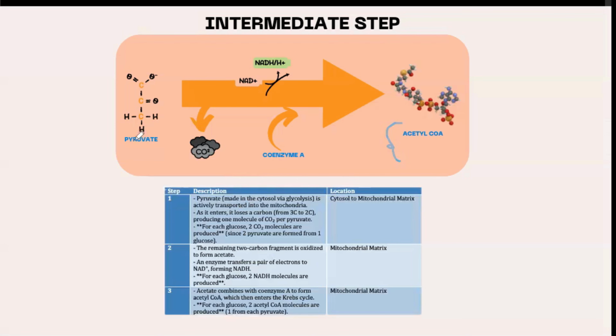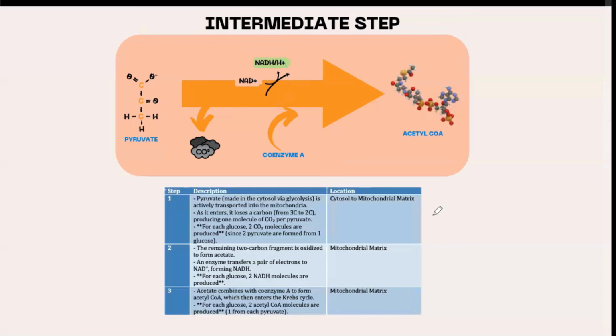So the goal is to go from pyruvate to acetyl CoA. However, we need a coenzyme, coenzyme A, that helps facilitate the reaction. Also, in this process, NAD is converted to NADH, which is also something to note.